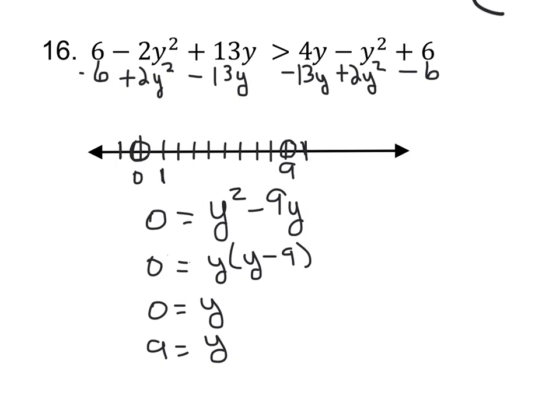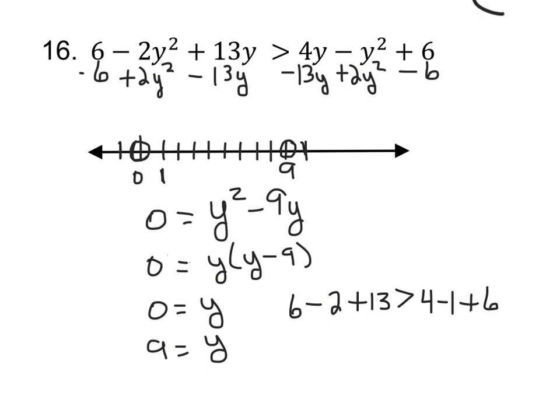Okay, so let's go ahead and take the number 1. We're going to plug it in, and we say, well, 6 minus 1 squared is 1, so 6 minus 2 plus 13. Is that greater than 4 minus 1 plus 6?